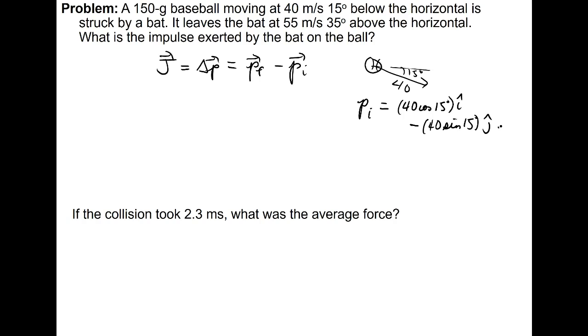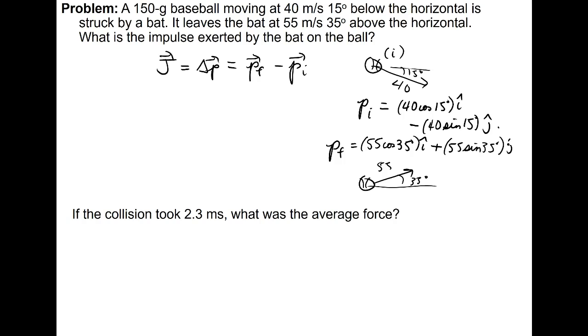And then it's going to leave the bat, so this is the initial state. It's going to leave the bat at 55 meters per second, 35 degrees above the horizontal. So final could be written as 55 cosine of 35 i hat plus 55 sine of 35 j hat.